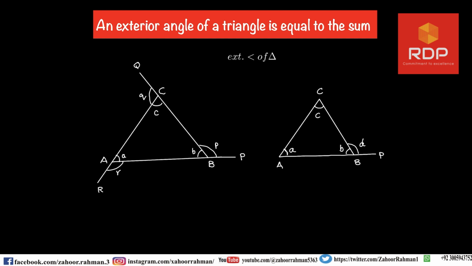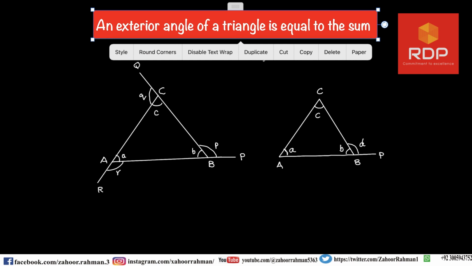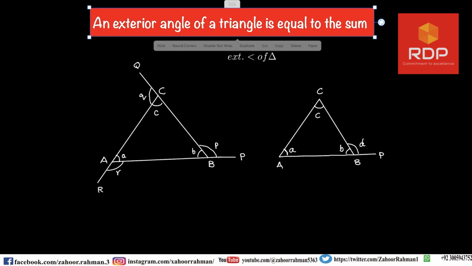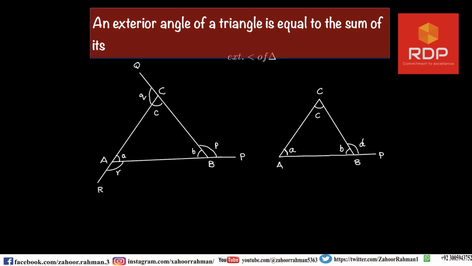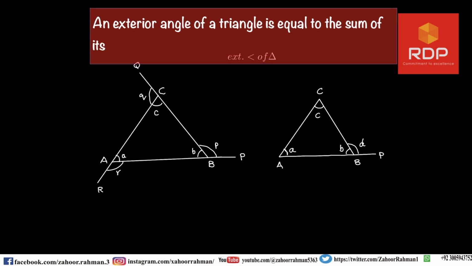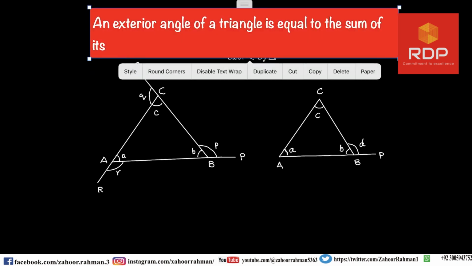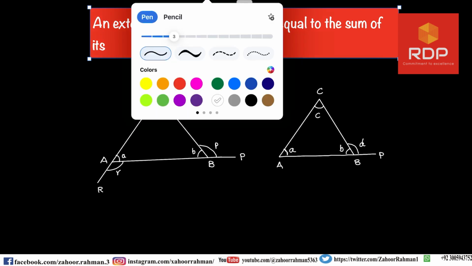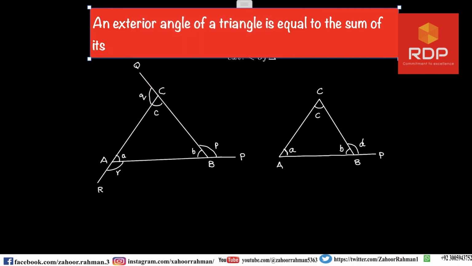So let us turn our focus to the second theorem about triangles, and that is that an exterior angle of a triangle is equal to the sum of the two opposite angles of its interior angle. An exterior angle must be equal to the sum of its interior angles.